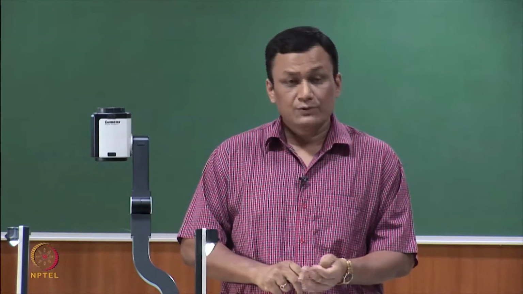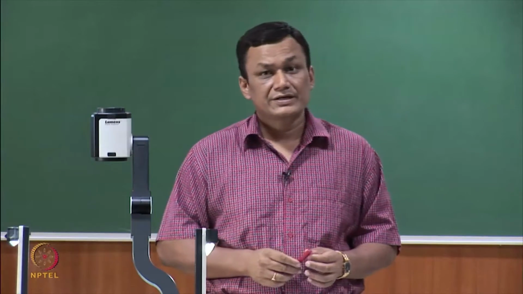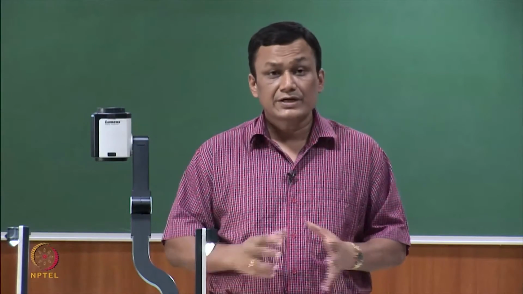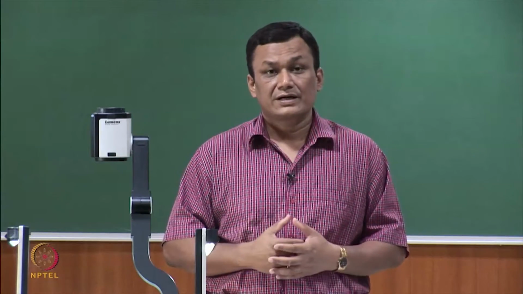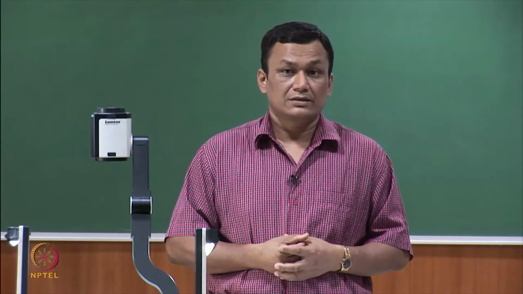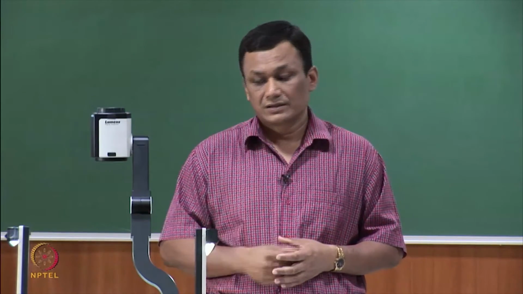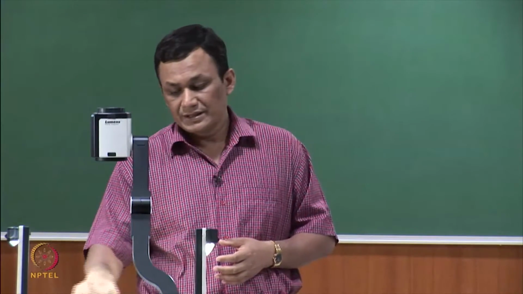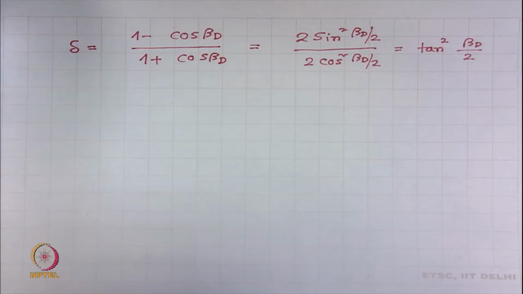Now, what did we learn? We learned that yarn retraction is related to the coefficient Kn, which is further related to the twist angle of surface fibers. How is the relation? Yarn retraction is tangent square half of the twist angle of surface fiber.